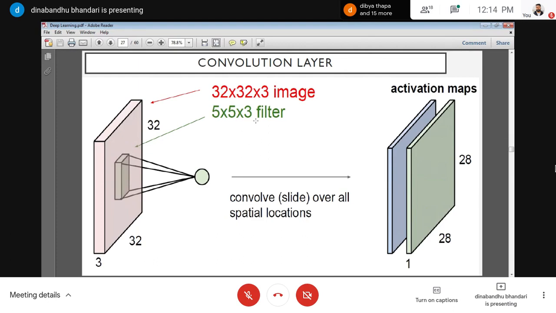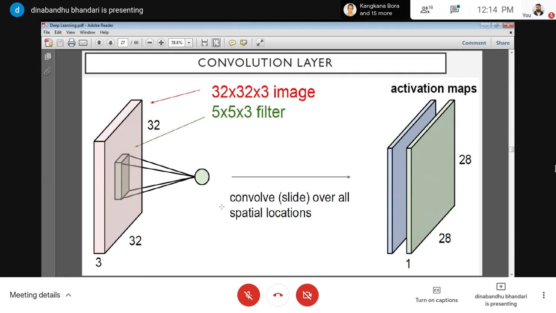Now you take another such filter and you can generate another activation map. So 2 filters of size 5 by 5 by 3 will generate 2 activation maps of 28 by 28 by 1. Normally we take a number of such filters. These filters try to extract different types of features that exist in an image.